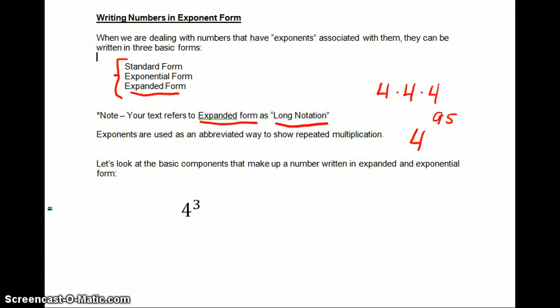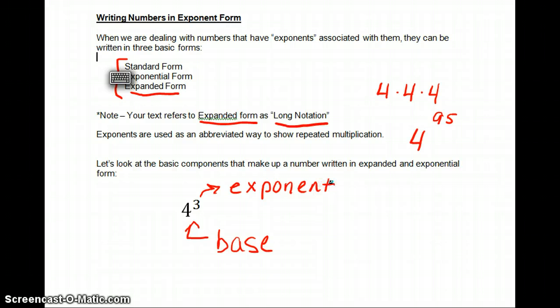So let's look at the basic components that make up a number when it's written in both expanded and exponential form. First of all, the larger number, the 4 in this example, is called the base of the problem. The smaller number, which is the 3, is referred to as the exponent.